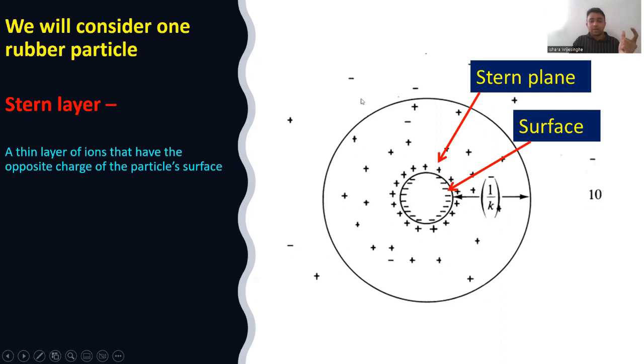Here, this is the rubber particle surface, and the next layer is called the Stern plane. The Stern plane contains the opposite charge. Is it clear to you?